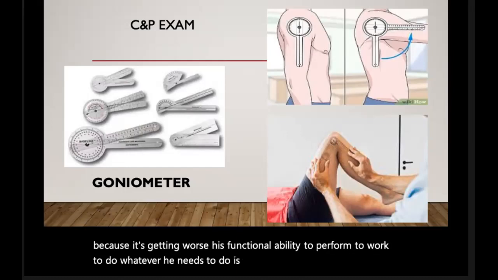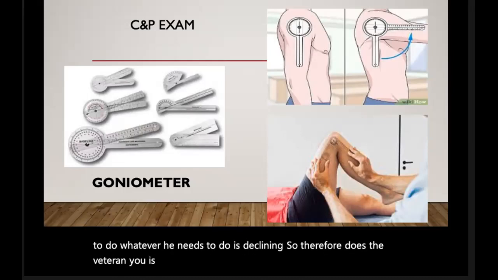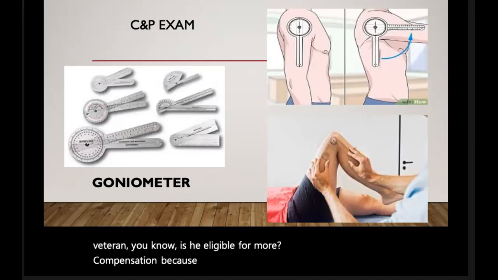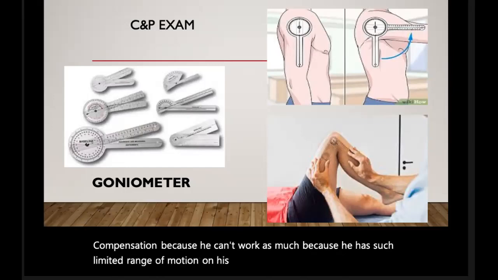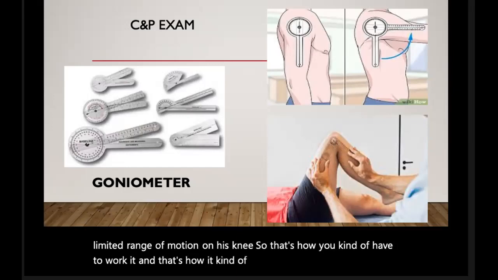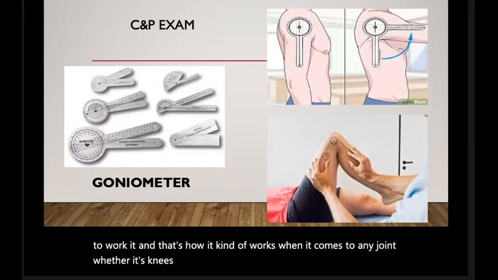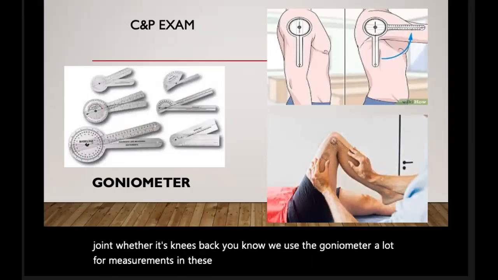So is the veteran eligible for more compensation, because now he can't work as much because he has such limited range of motion in his knee? So that's how you have to work it, and that's how it works for any joint, whether it's knees or back. We use the goniometer a lot for measurements in these particular exams.